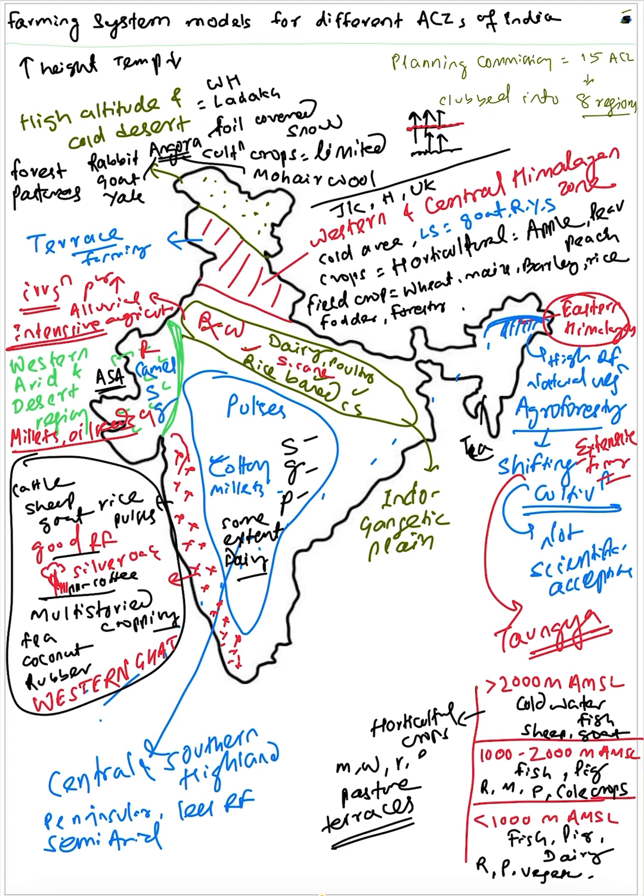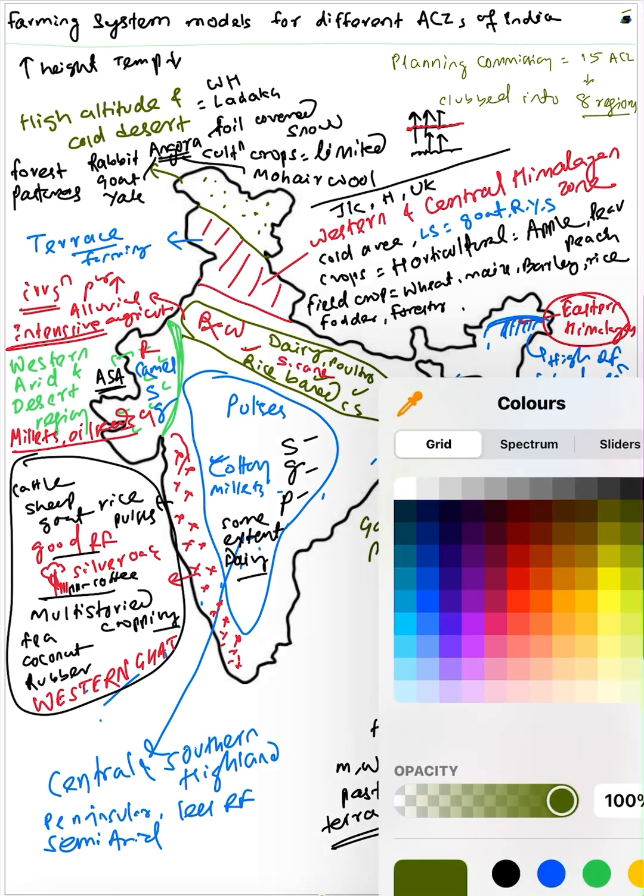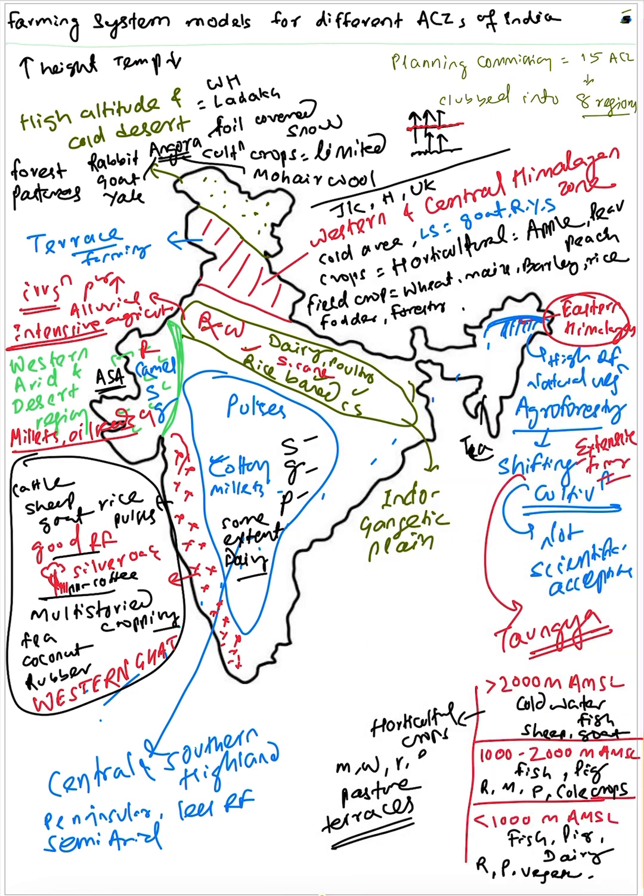Then coming to the last one, which is called the delta and coastal plain. Under delta and coastal plain, this is the delta region, and this is the coastal plain.